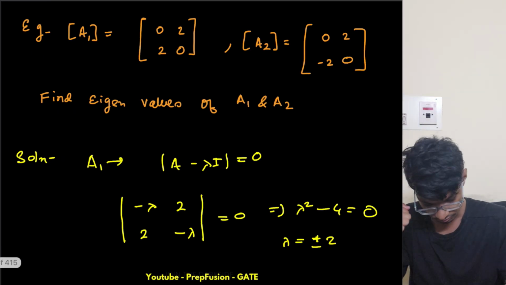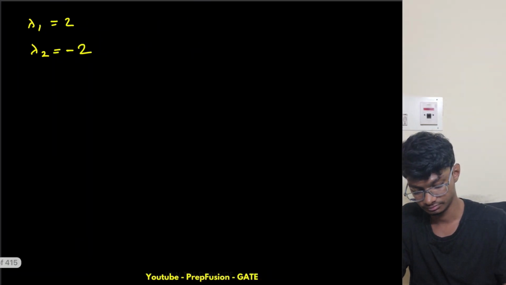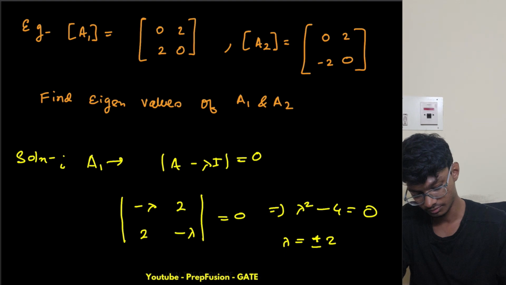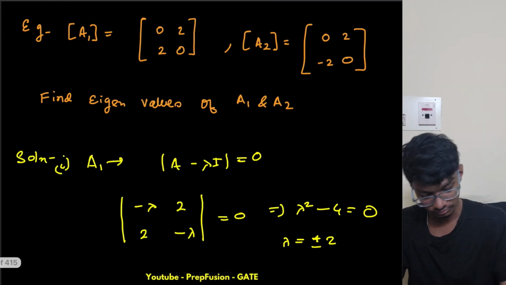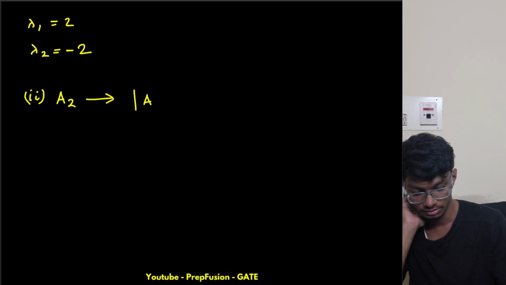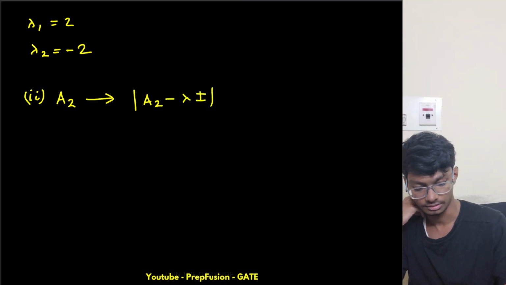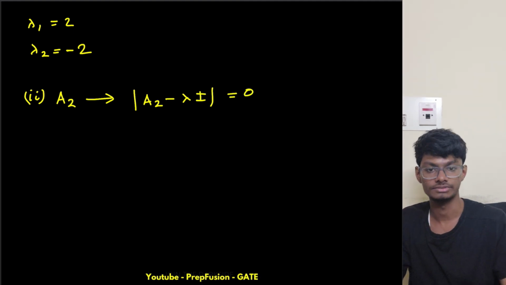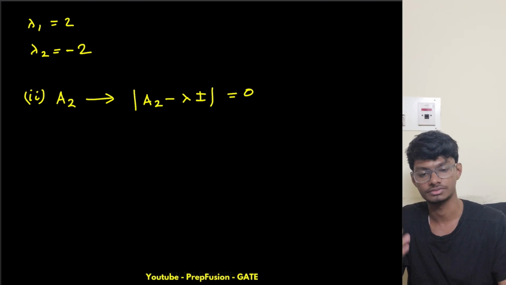This was part 1. Now let's find the eigenvalues for the second matrix, part 2. This is simply A2 minus lambda I equals 0. I'm just varying lambda and finding the values for which this determinant becomes 0.